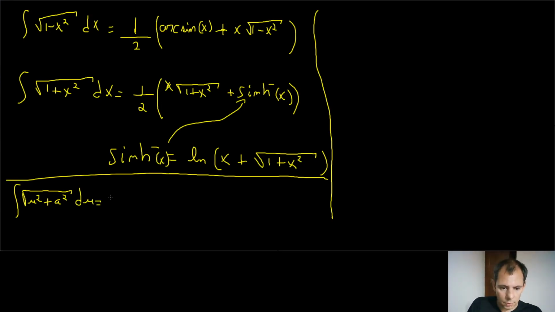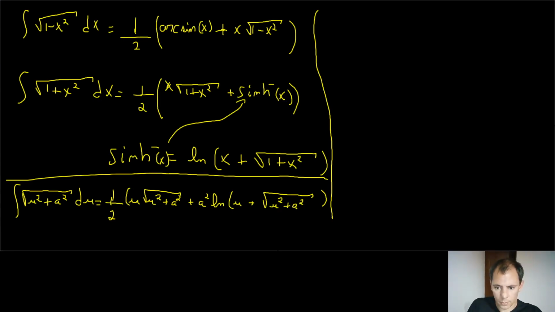And this will be half times u times the square root of u squared plus a squared, plus a squared ln of the absolute value of u plus the square root of u squared plus a squared, right?